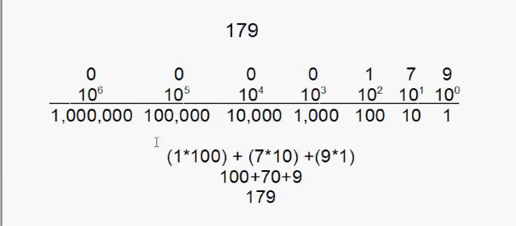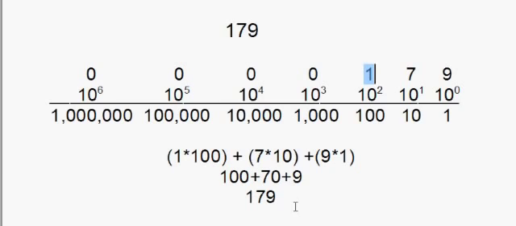So to do the number 179 in the decimal counting system, 1 is in the hundreds place, so that means we have 1 times 100, and we have 100. And then we have 7 in the tens place, or 7 times 10, right? And we have 9 in the ones place, or 9 times 1, or 100 plus 70 plus 9 equals 179.